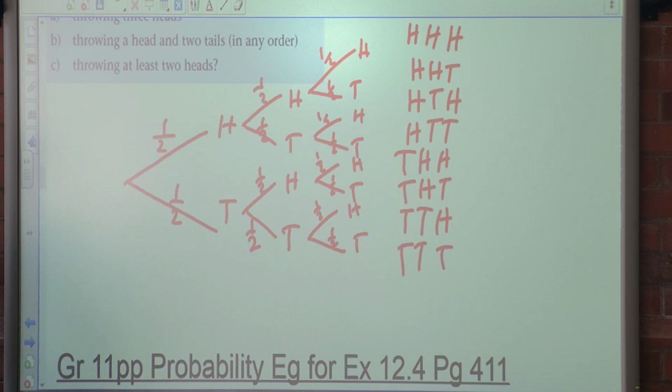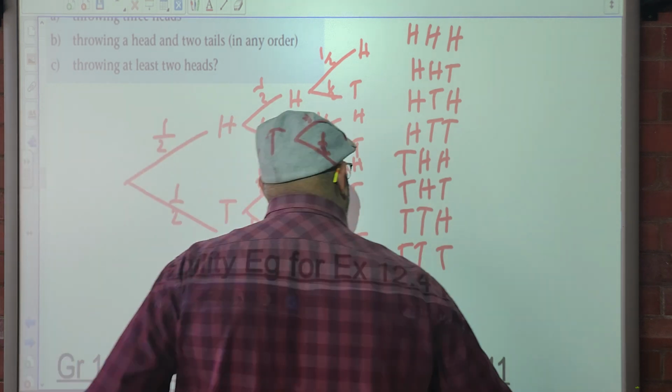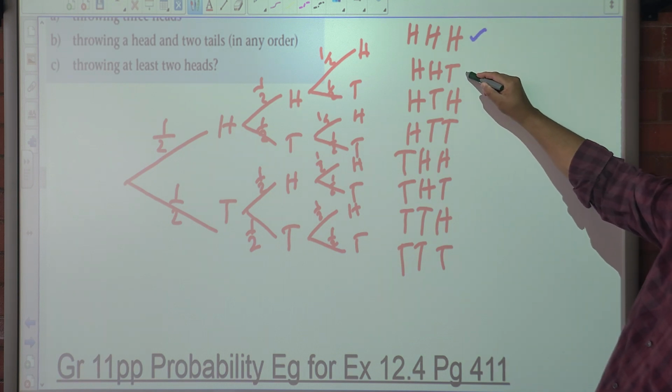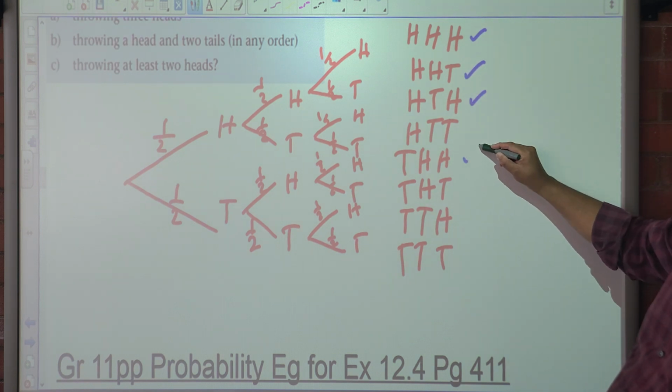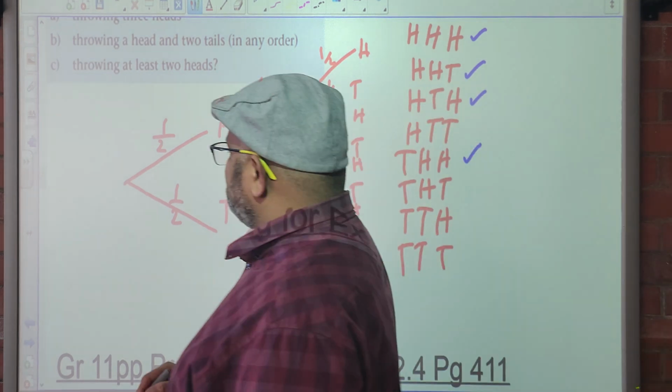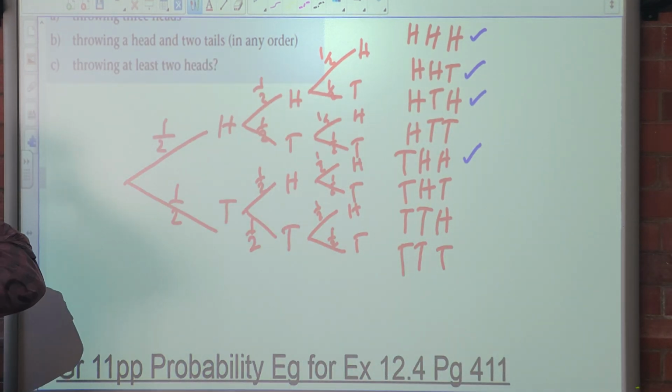People, let's look at C. Throwing at least 2 heads. So he's saying at least 2 heads. So, can this one be considered? Yes. Can this one be considered? Yes, yes, yes. So how many outcomes are there? 4.